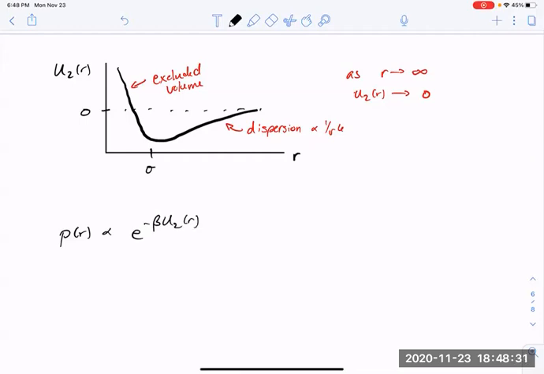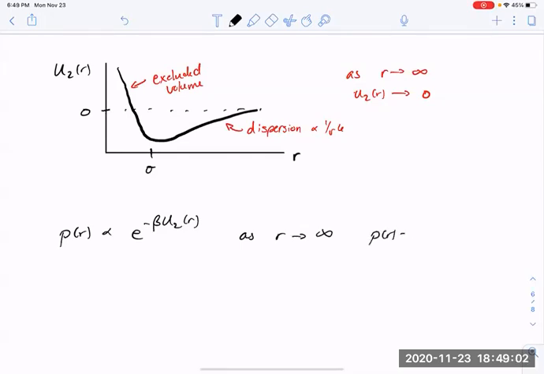And as r goes to infinity, the potential goes to 0.